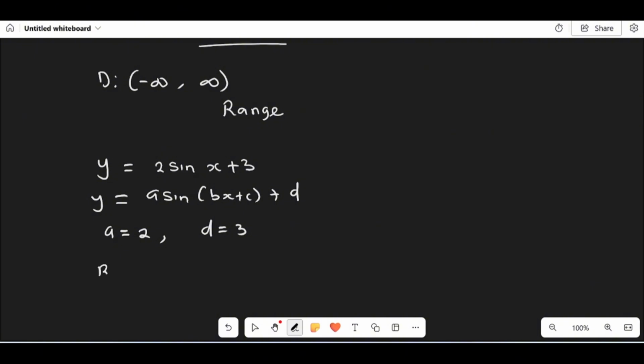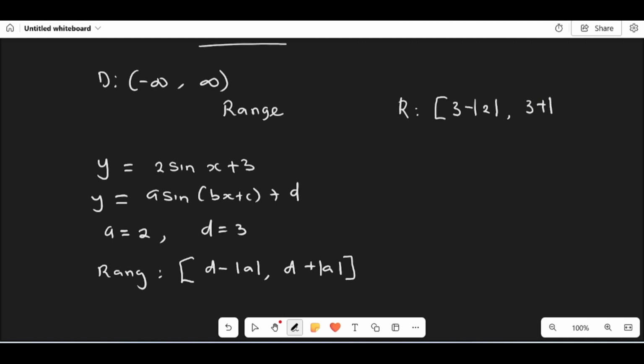So, the range is [d minus absolute A, d plus absolute A]. So our range will now be [3 minus absolute 2, 3 plus absolute 2].